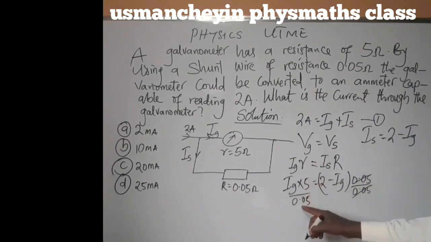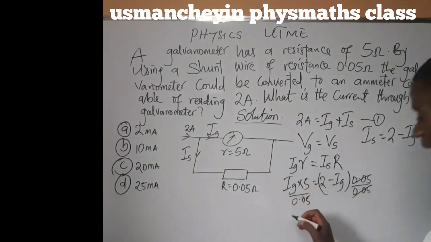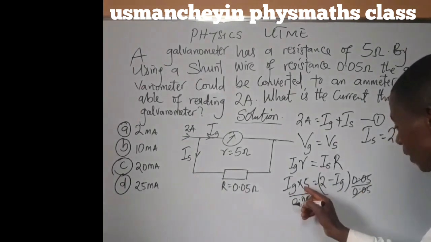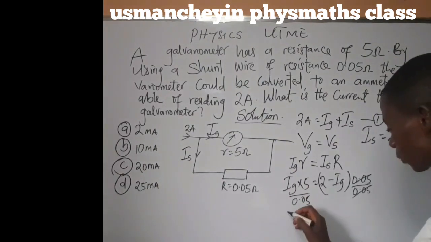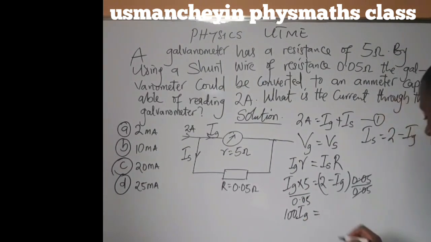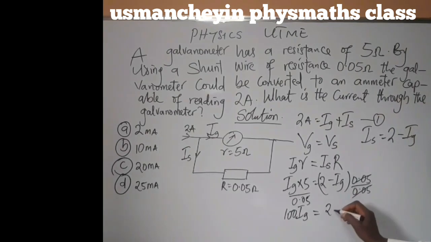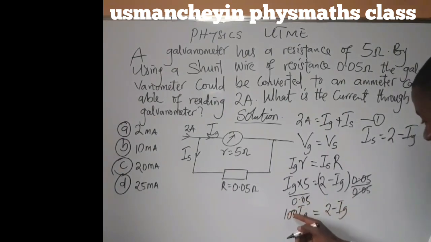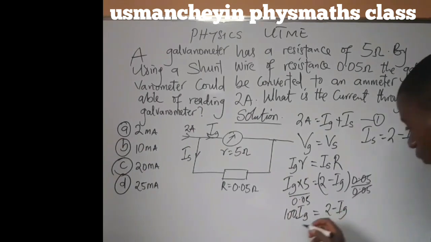Then 5 divided by 0.05, of course, we'll just have 100. So we're going to have 100 I of G equal to 2 minus I of G. So from here, we can collect like terms. This I of G will cross to the other side, and this negative sign will turn to plus.